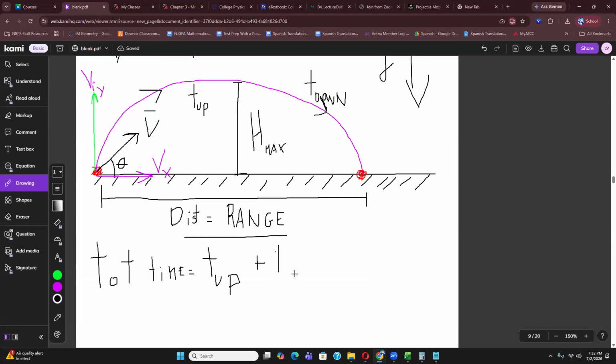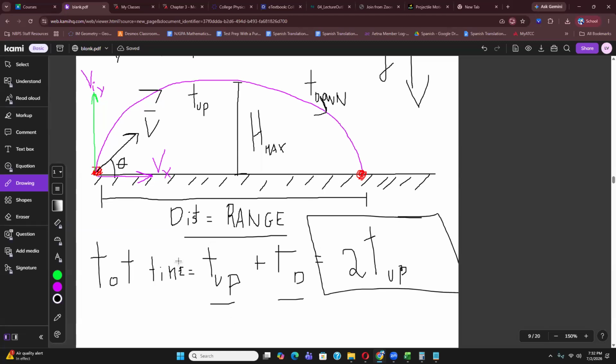But I showed you yesterday as well that they're equal. The time to go up is the same as the time to go down. So this is twice the time to go up, if you want.